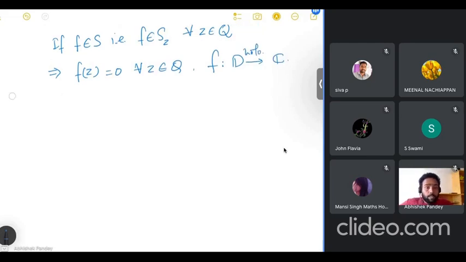Now the set Q has a limit point in D, isn't it? So f is holomorphic and the set of zeros of f is the set of all points in D with rational real and imaginary part.